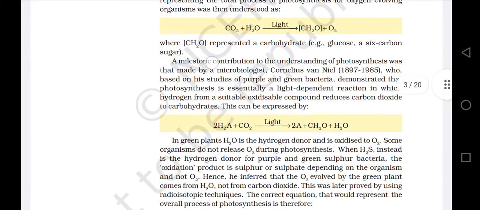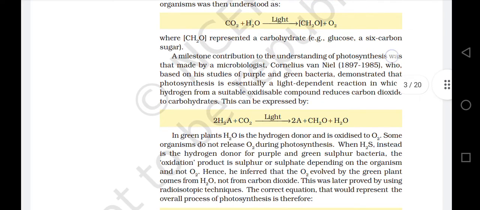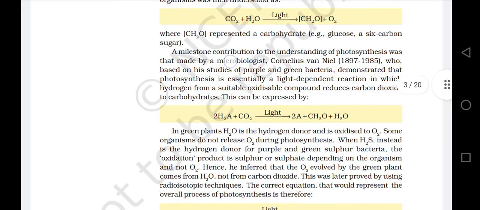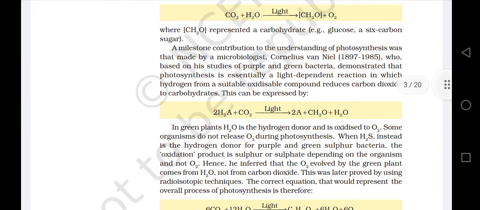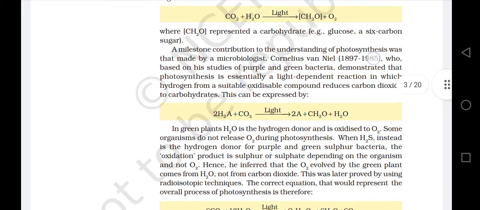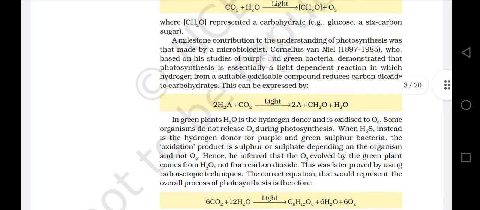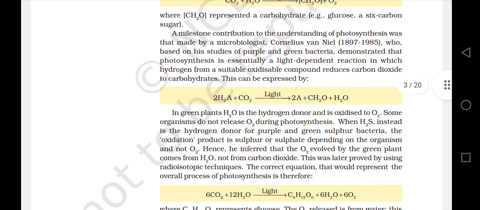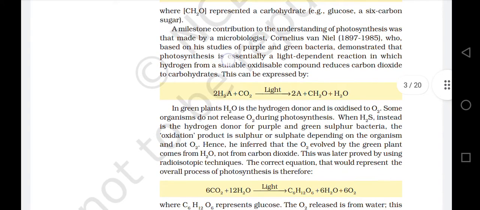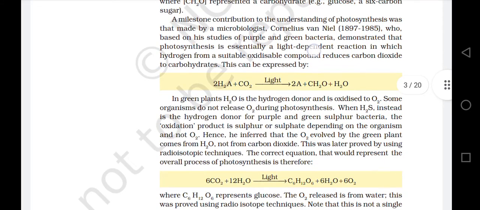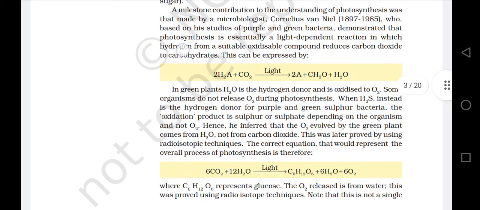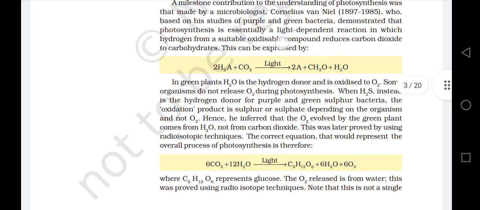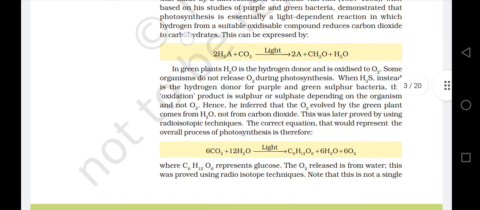A milestone contribution to the understanding of photosynthesis was made by microbiologist Cornelius van Niel, 1897 to 1985, who, based on his studies of purple and green bacteria, demonstrated that photosynthesis is essentially a light-dependent reaction in which hydrogen from a suitable oxidizable compound reduces carbon dioxide to carbohydrate.